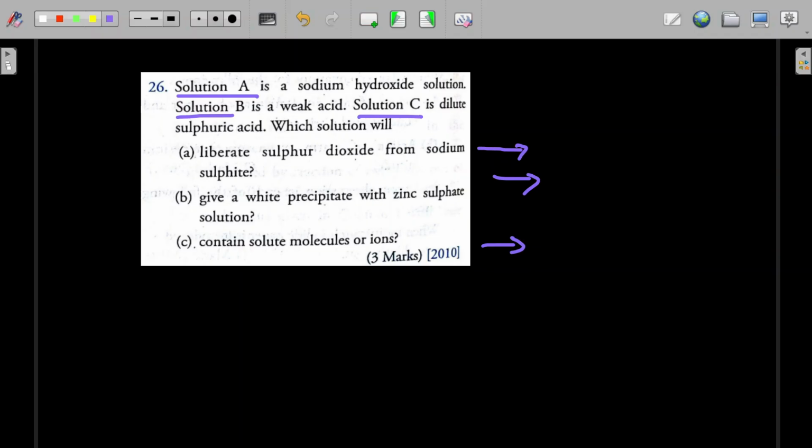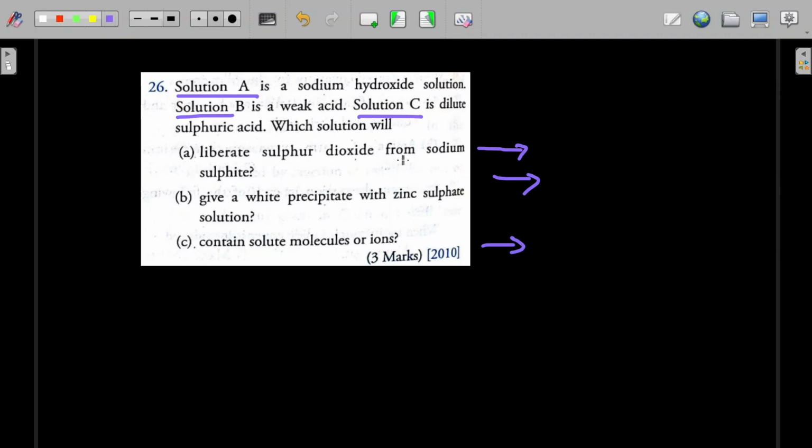Okay. Vanishika, can you tell me which solution liberates sulfur dioxide from sodium sulfite? Vanishika. Okay. Rohani. Rohani is done. Sorry. Rushi.